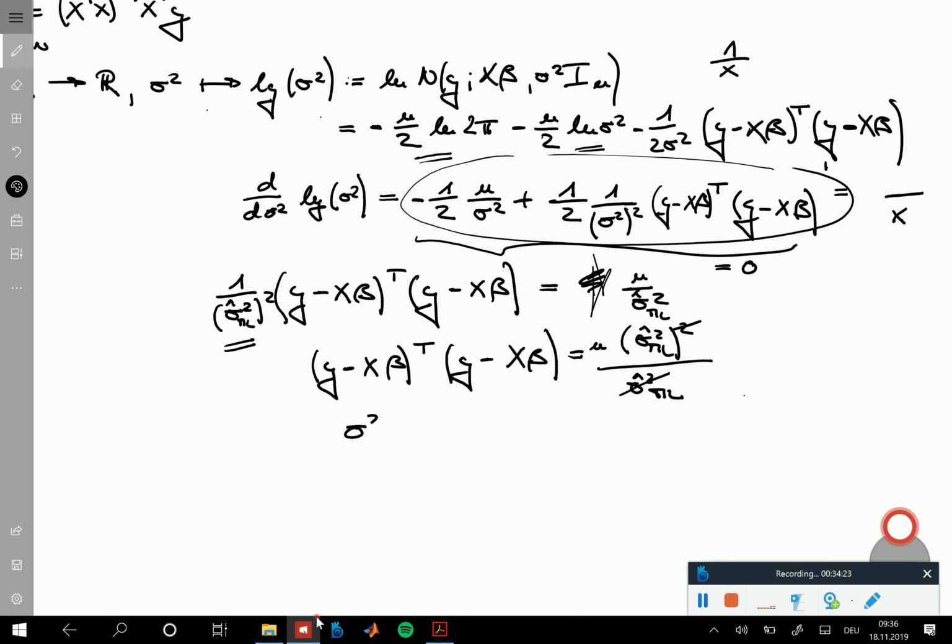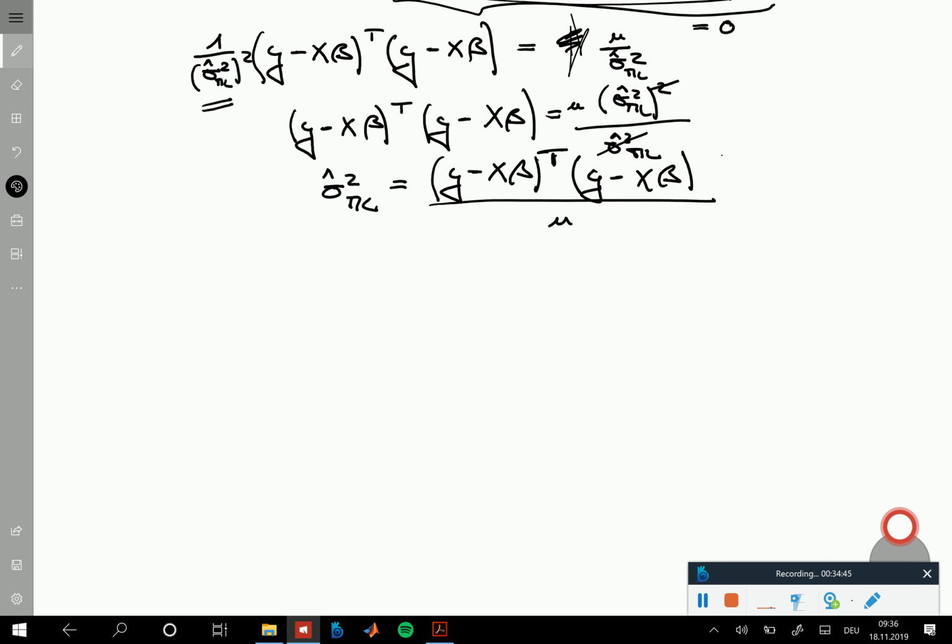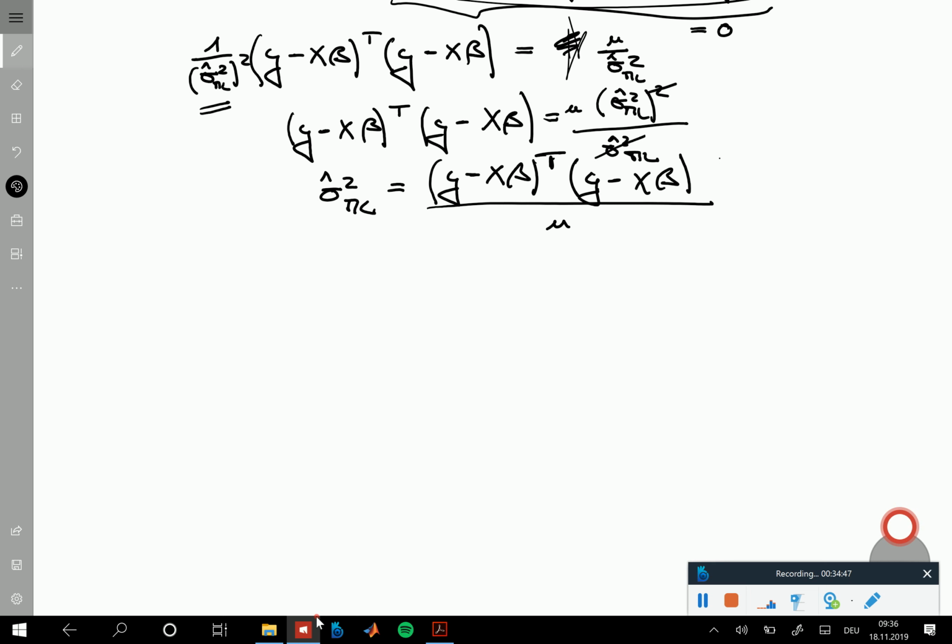So we have sigma square ML equals y minus x beta transposed, y minus x beta, divided by n. Yeah, and so that's now our maximum likelihood estimate formula for the variance parameter.